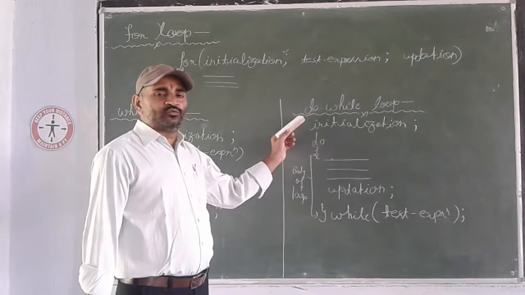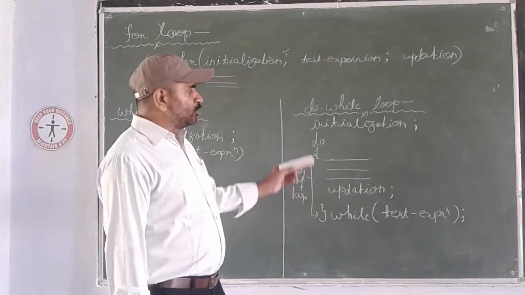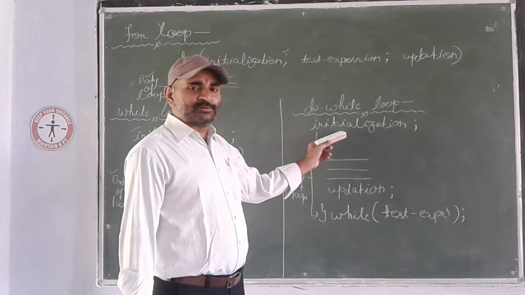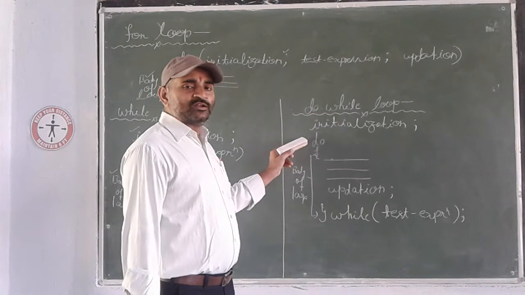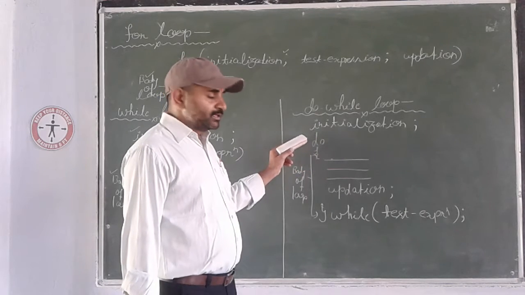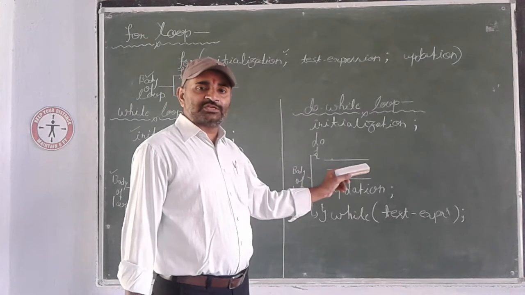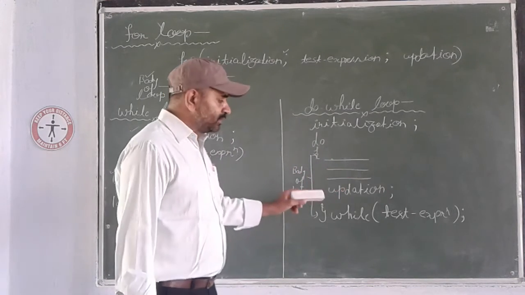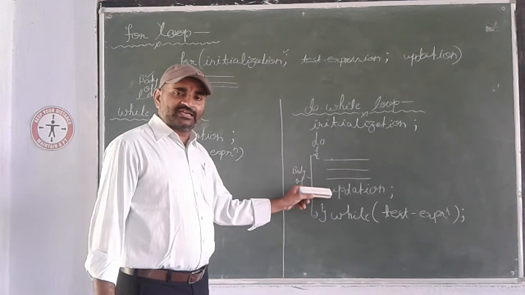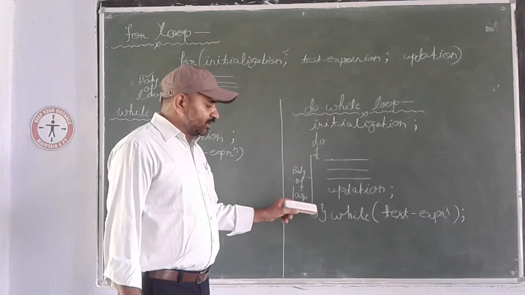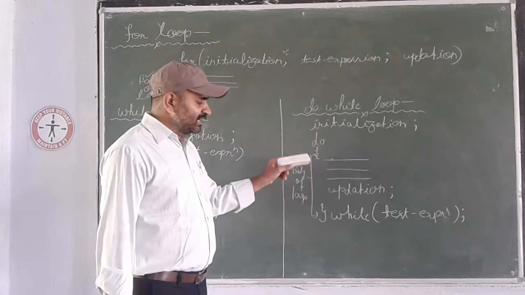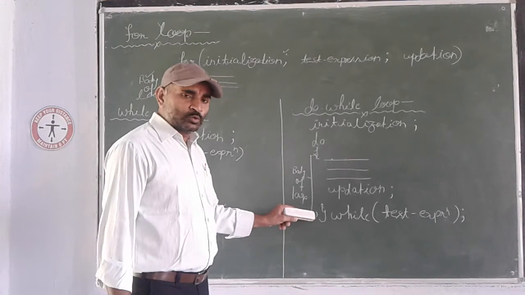Now go to the do while loop. In the do while loop, first we take initialization, then do is one of the keywords in Java. Opening curly brace, whatever instructions you want to write in the body of the loop, and last we give the updation, closing curly brace. So this is the body of the loop.